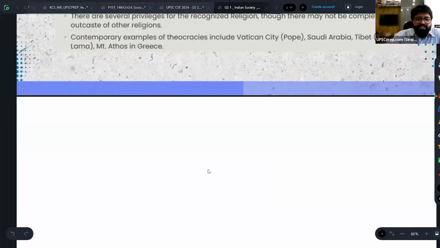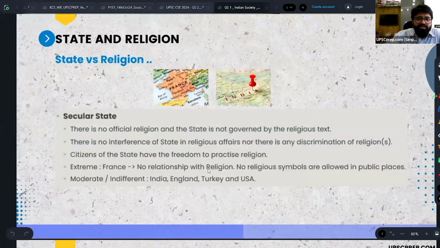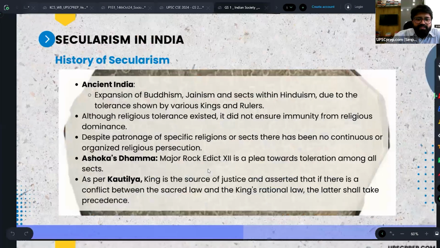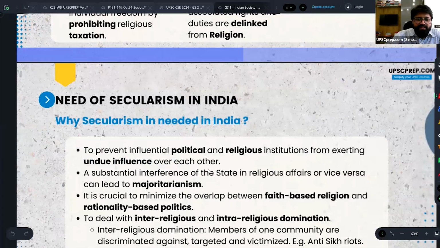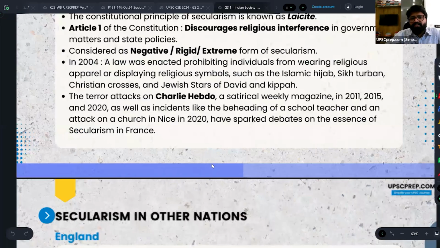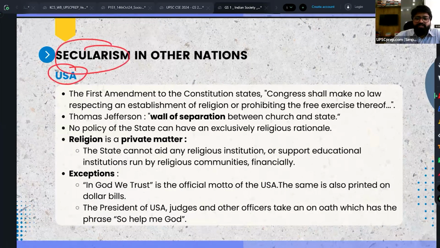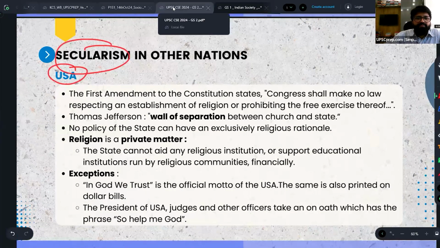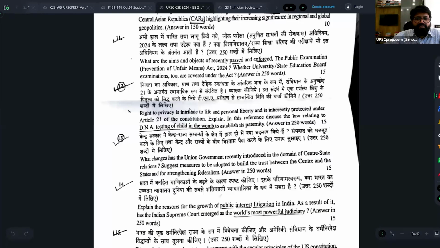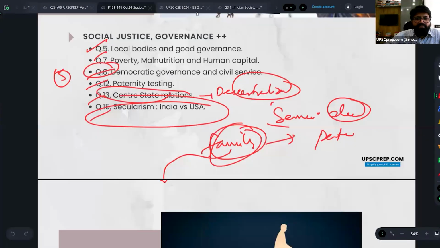Whatever I discuss in the classes, this is what I discussed with the previous batch also. USA secularism. What was the question that was asked? Fifteenth question.